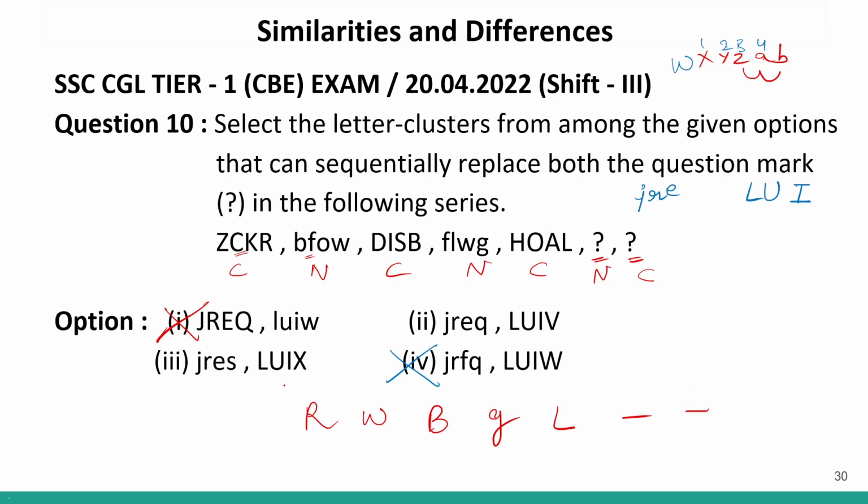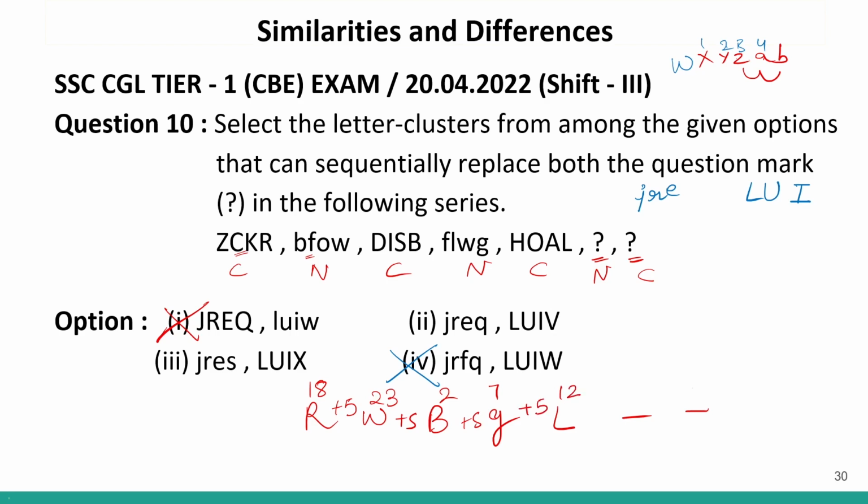So if I look over here, R is at position 18. Then W is at position 23. B is at position 2. So from W to B we are going 1, 2, 3, 4, 5. There's an addition of 5. Here also there was an addition of 5. G is positioned at what? G is positioned at 7. So increment of 5. L is positioned at, sorry, 12.